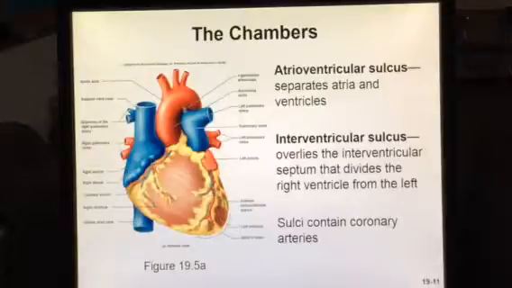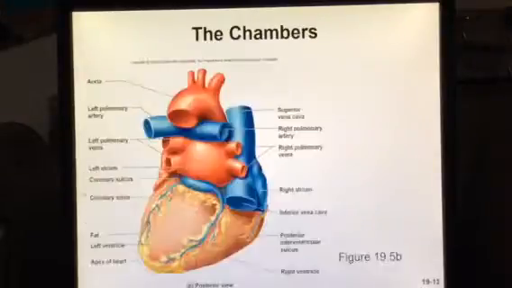There's an atrioventricular sulcus that separates the atria and the ventricles, and then another one that divides the right and left side in between the ventricles. But I'll be honest, I think it's way easier to just open that heart up and find out where everything is on the inside. And I don't know how often you would need to use these as landmarks, but there they are.